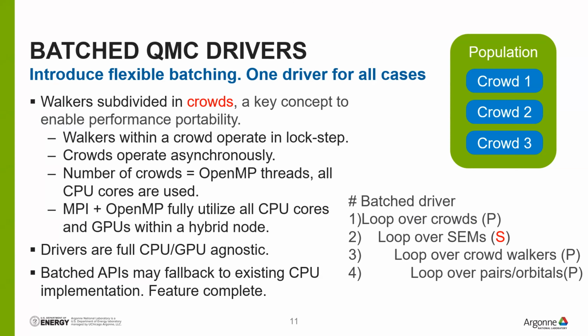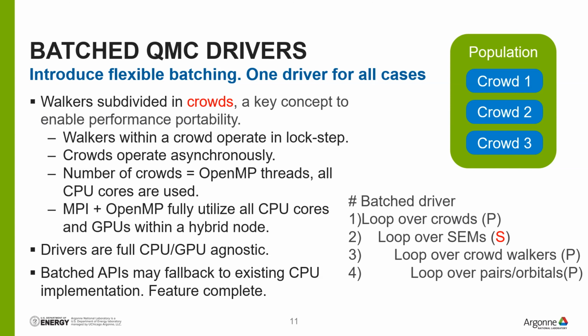Think about when you are using CPUs: you add the third loop over workers in a crowd, and you just set its size to 1, so that you don't get any penalty. And on the GPUs, if you want the exact legacy CUDA implementation behavior, you can set the first loop to size 1. However, modern HPC nodes are hybrid.